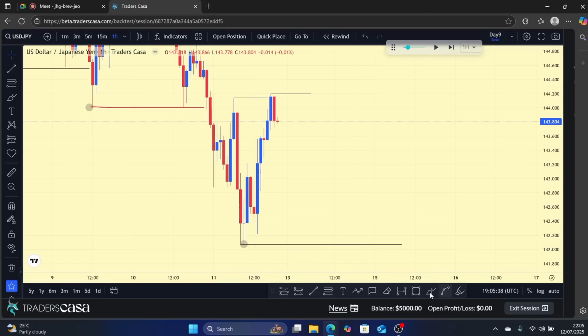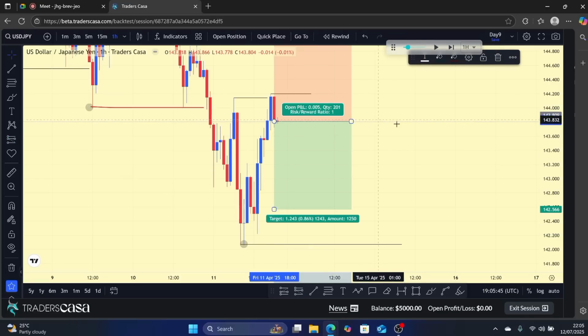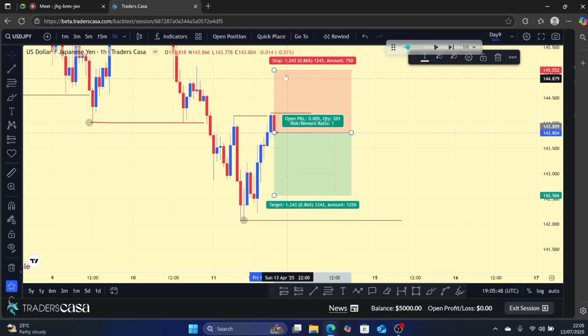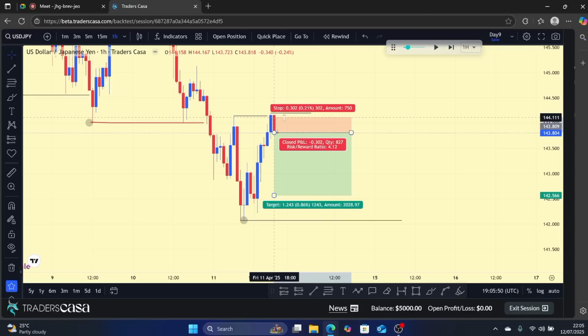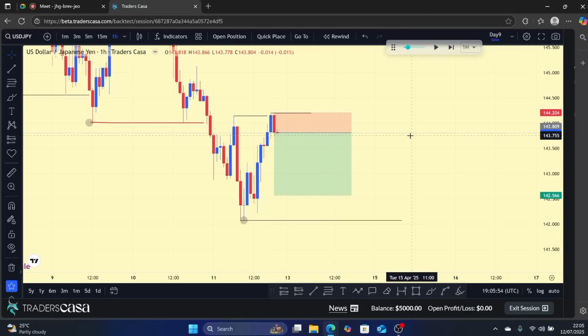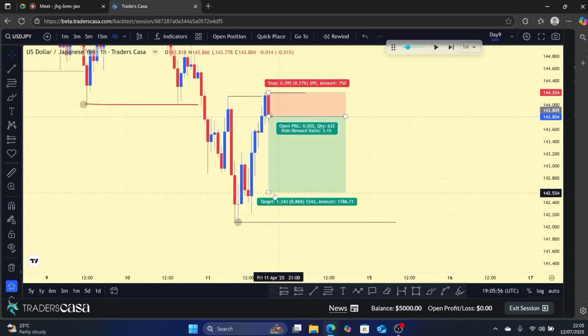So literally after seeing that, on the closure of this momentum bearish candle, that's where I would recommend you place the entry, and the stop loss above that high, and the target profit on the external liquidity.